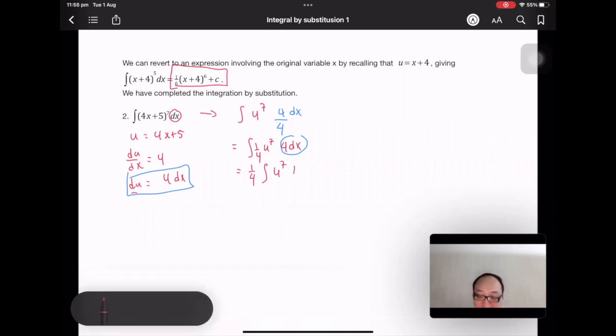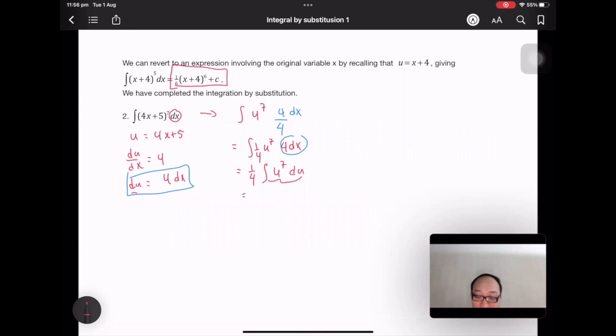So just replace it with du. So now we have the power rule. So it's 1/4 times u to the power of 8, over 8, plus c. So it is 1/32 u to the power of 8 plus c, and then replace the u back to the original function, 1/32 (4x plus 5) to the power of 8 plus c.